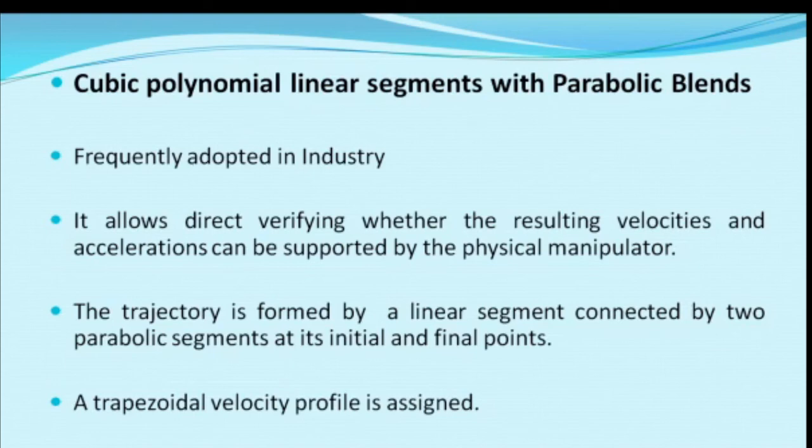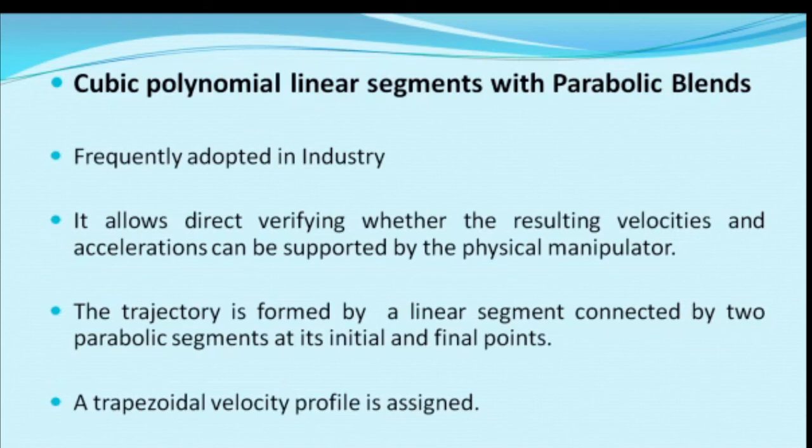Here the trajectory is formed by a linear segment connected by two parabolic segments at its initial and final points. It means in between there is a linear segment, and at the start and at the end we have a parabolic segment blended with the linear one.